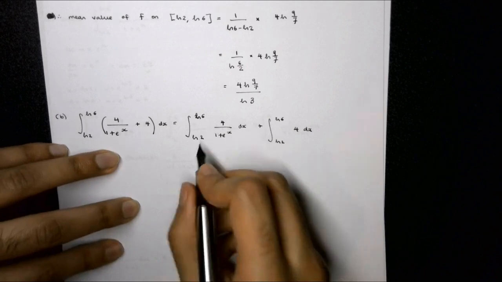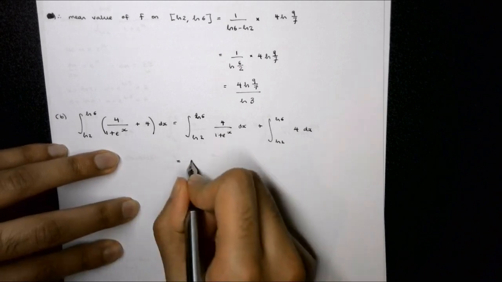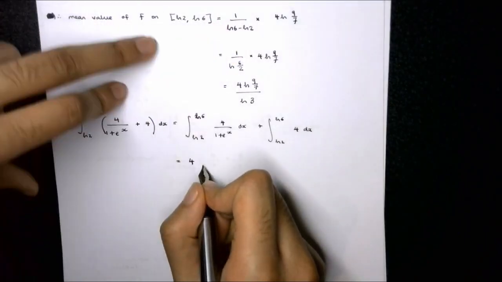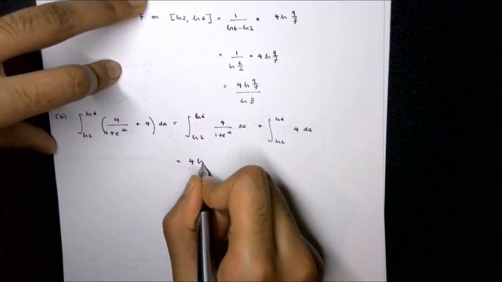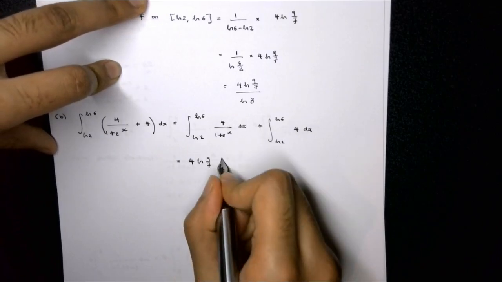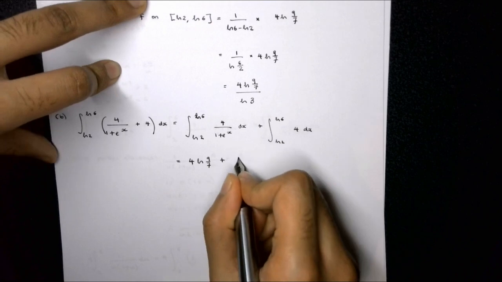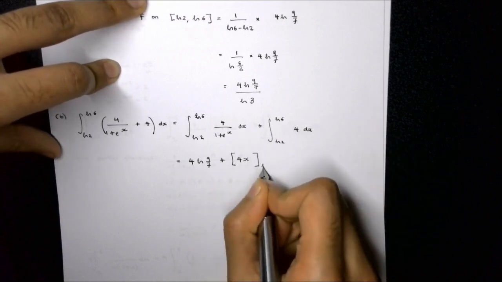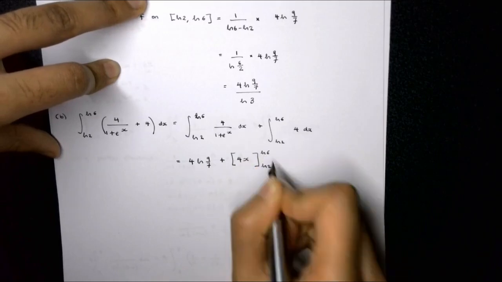We've just found this result to be 4 times the natural log of 9 over 7. And then we add on this result over here, 4x from natural log 2 to natural log 6.